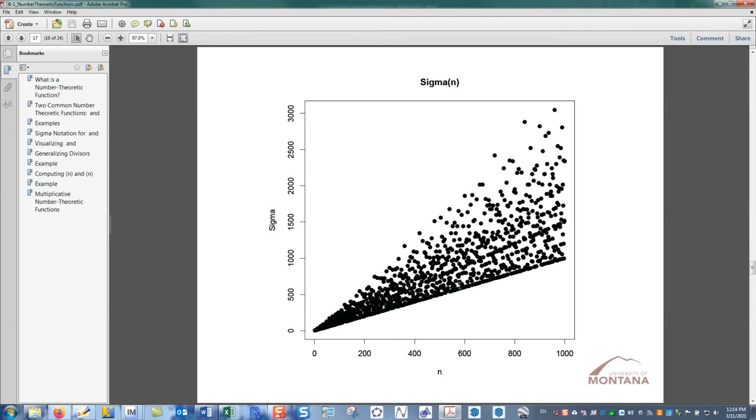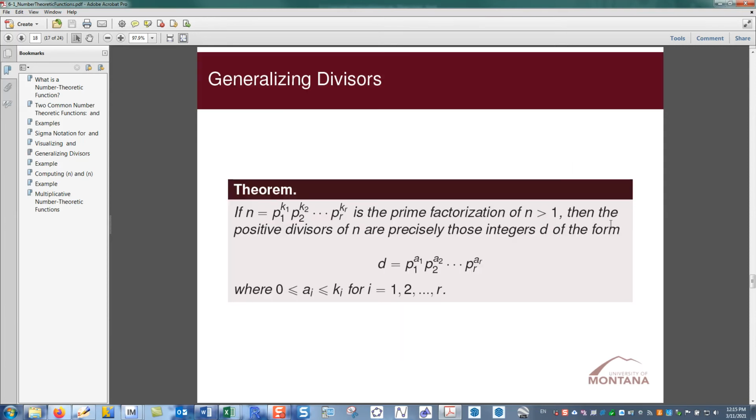But you can see shadows in there of the prime line down here that go through the middle of the spray of dots that is sigma. We won't reveal too much about that, but I hope that I've at least piqued your interest by looking at these plots. It's surprising that your textbook author doesn't pay any attention to this type of display. So I think it's a fascinating picture.